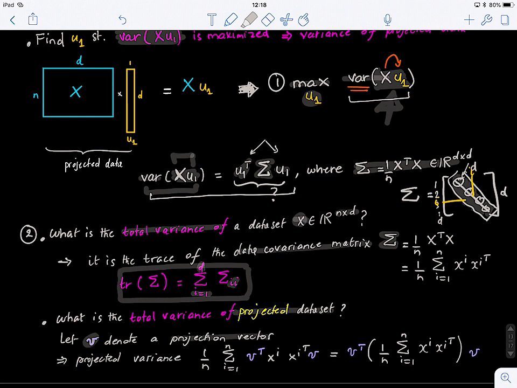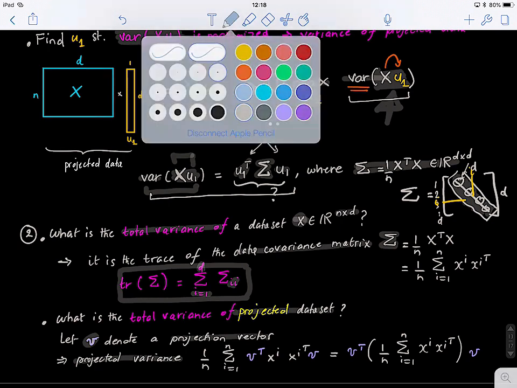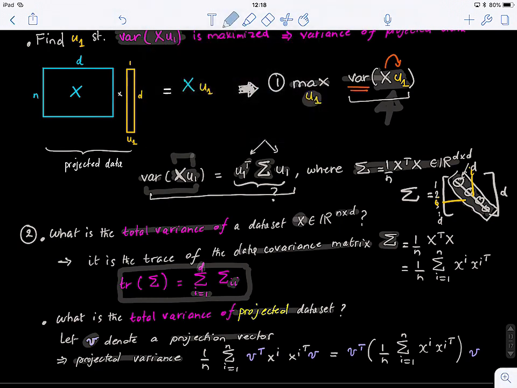what we need to do for the projected variance is simply replace x by its projection. What we had earlier, if you guys remember, is the covariance. Let me just write it down. Here, this is the covariance, and first we're computing the projected variance.